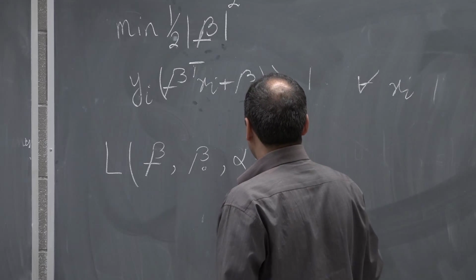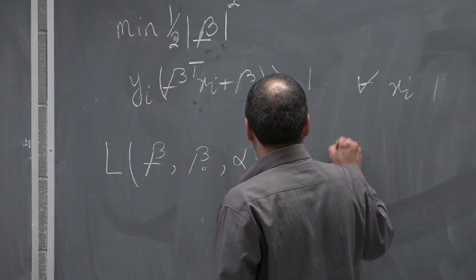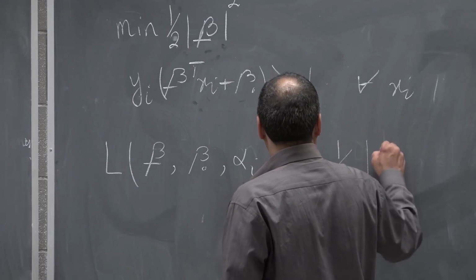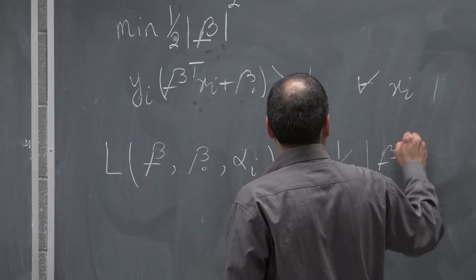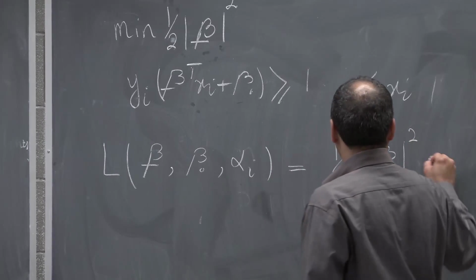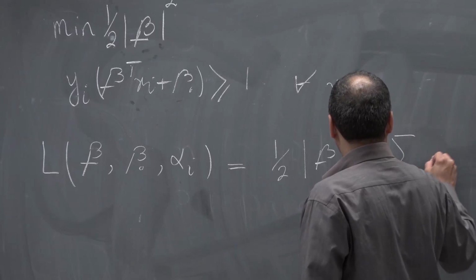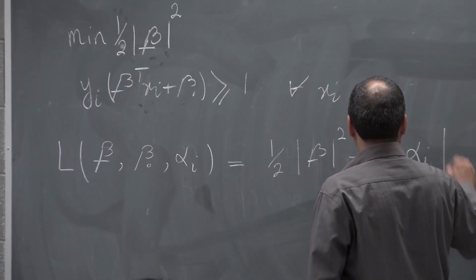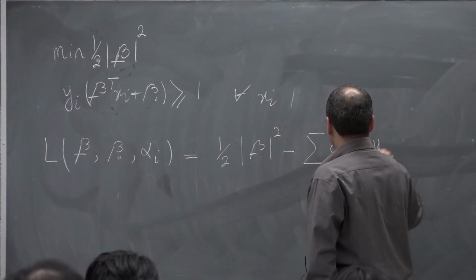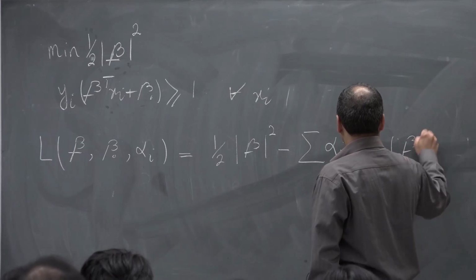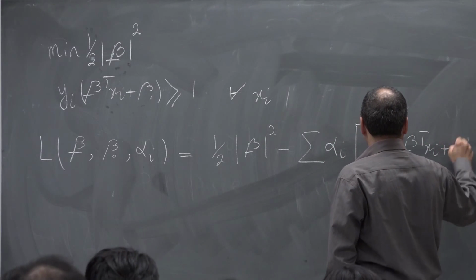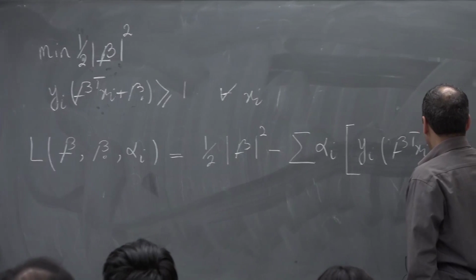So basically my Lagrangian would be 1/2 beta squared minus the sum of alpha i times yi times (beta transpose xi plus beta null) minus 1.